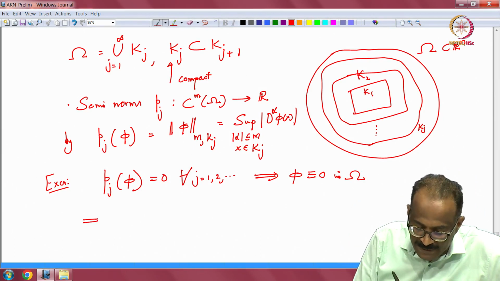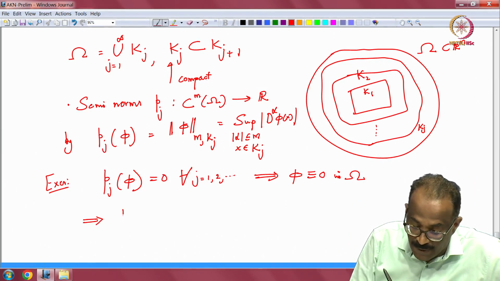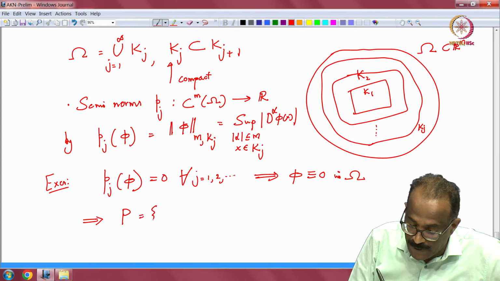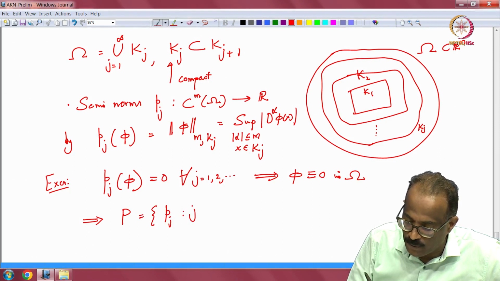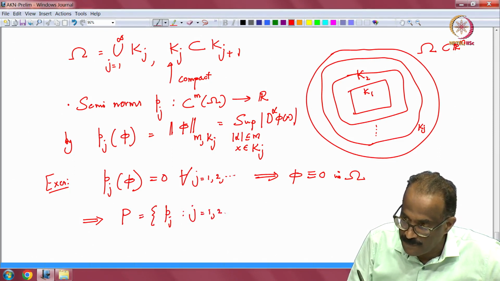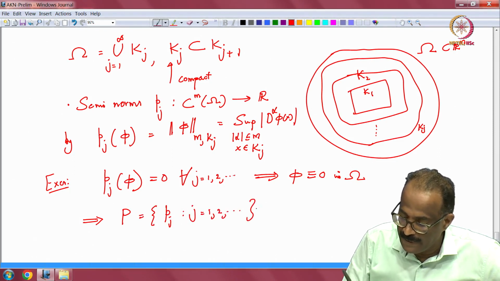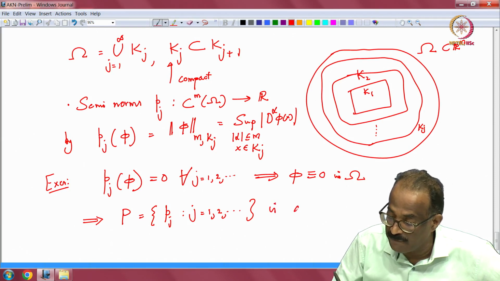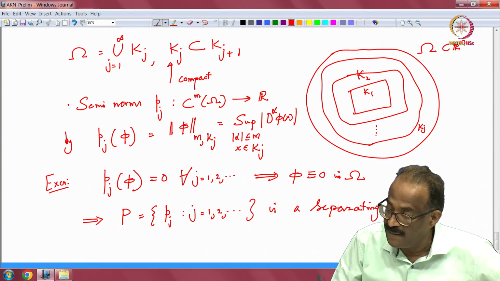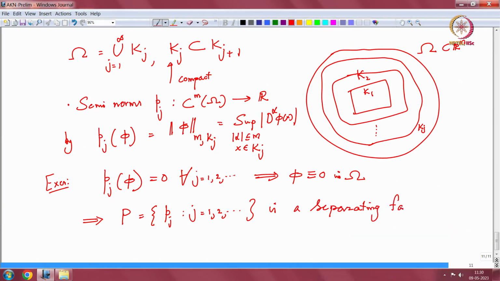That implies p equal to pj, where j equals 1, 2, etc., is a separating family, very nicely separating family on Cm of omega.